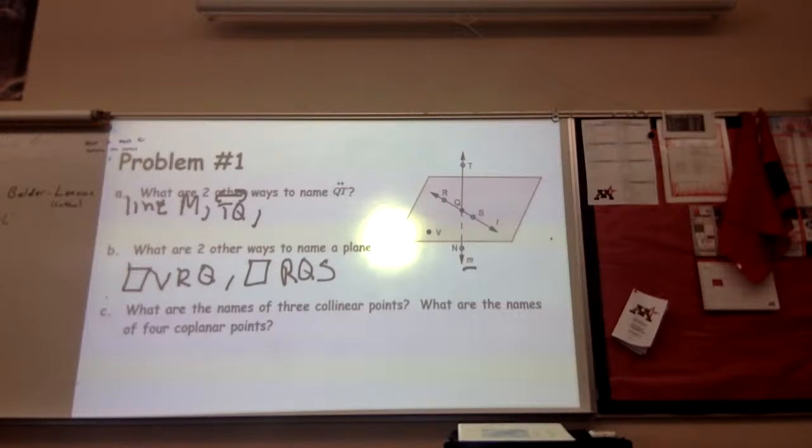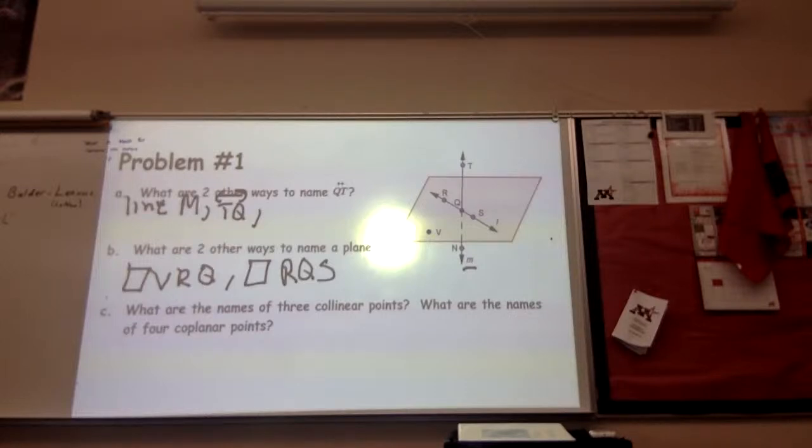Now C. What are the names of 3 collinear points? So that's the first part. What are the names of 3 collinear points? So just saying is, what are the collinear points in this problem? So if you look at that, what's one set of collinear points?